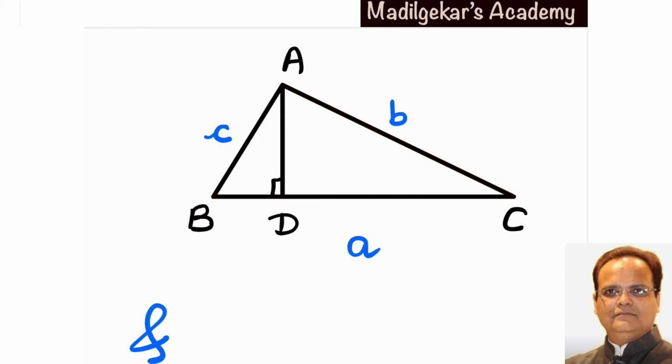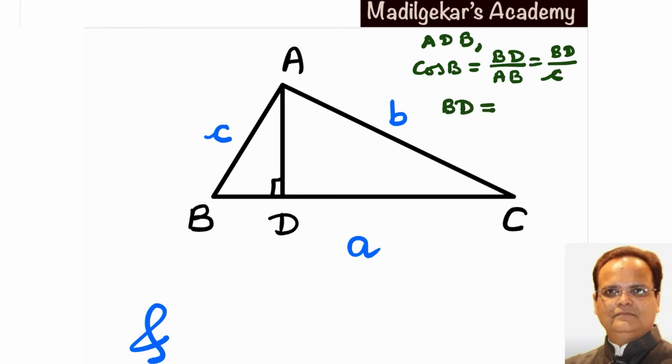So if we consider triangle ADB, from this triangle cos B will be BD upon AB, but the length of AB is c, which means the projection BD will be c cos B. Similarly, by considering triangle ADC, we can find DC also.